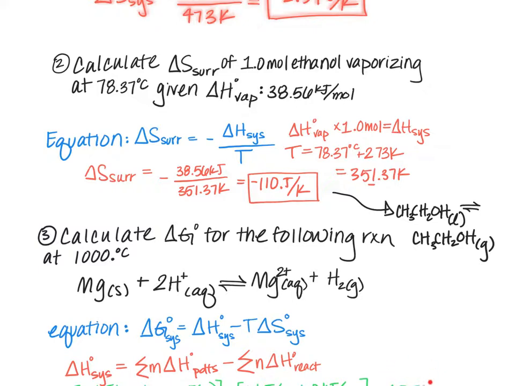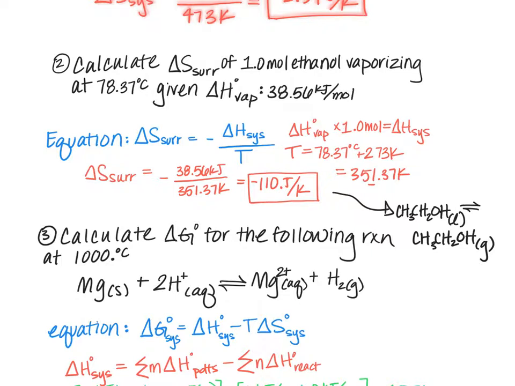That gives me delta S of the system, which I can then plug in here into my equation. Okay, the only other piece that's missing is T. So I'm given that this is the boiling point of ethanol.